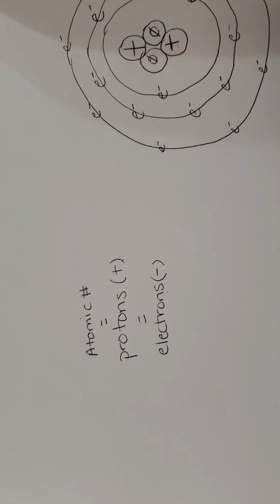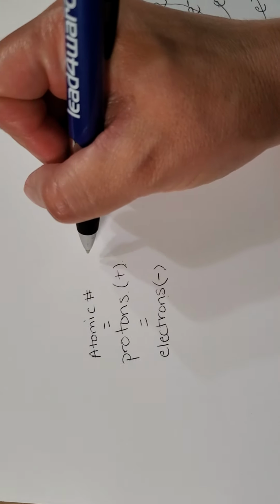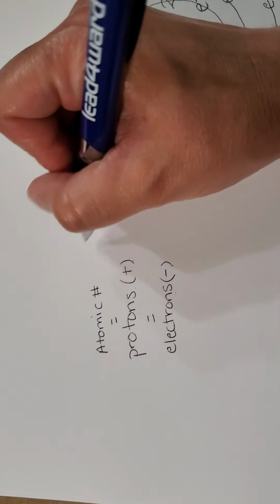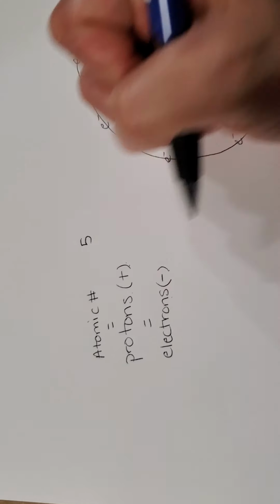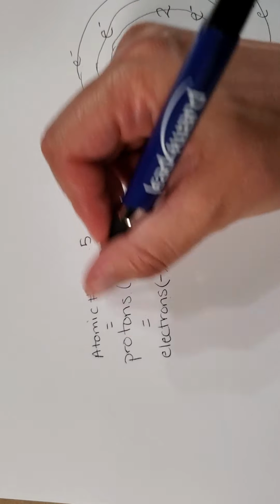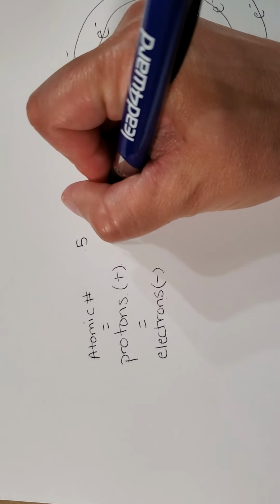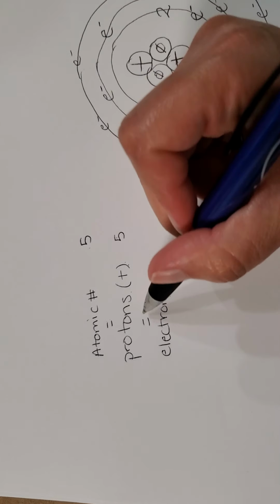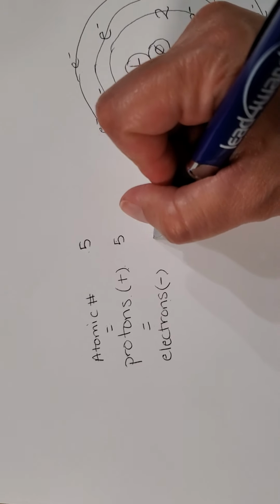So if we have an atomic number of 5, well, how many protons do we have? It's an equal sign. So the equal number to 5 would be 5. And that's an equal sign, so we would have 5 electrons.